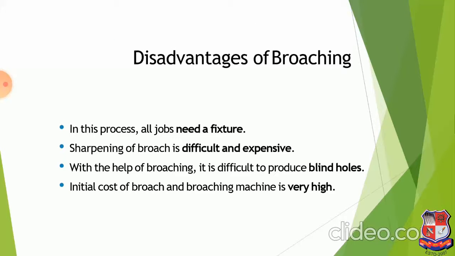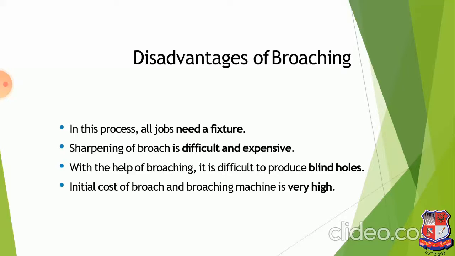There are some disadvantages also. In a broaching machine you will need a fixture, because to position a workpiece you need a fixture. Without a fixture you cannot perform this process in a good way, right? Then after a certain amount of usage, when the broach teeth get dull, you need to sharpen those teeth, and that is sometimes expensive.